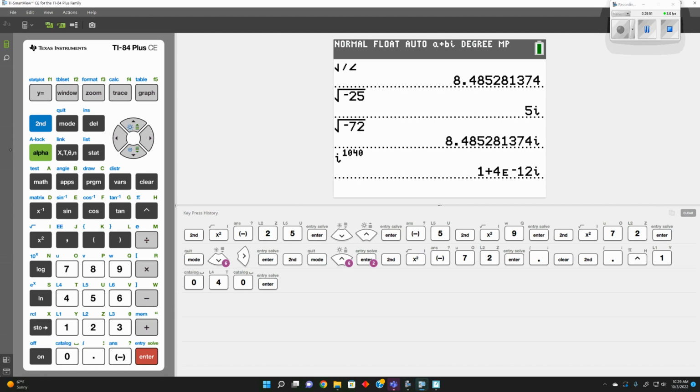So this is telling us we have 1 plus 4 times 10 to the negative 12 i.